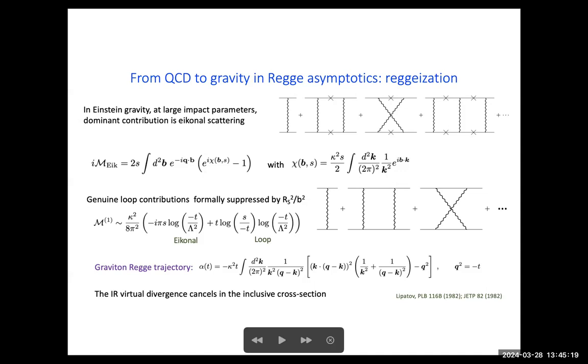So this is the eikonal, right, which I resummed earlier. So it's S times the log. But then there's also this loop contribution, which might seem somewhat familiar to you from the QCD case. But you see there's an S here and there's a T here, right? So in the trans-Planckian limit, this is highly suppressed compared to the eikonal amplitude.